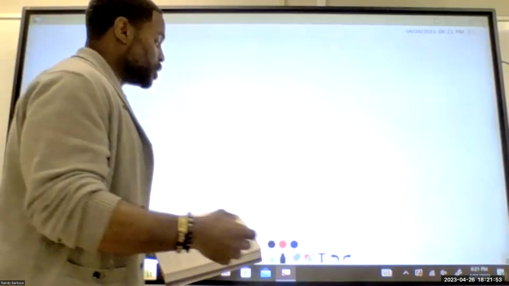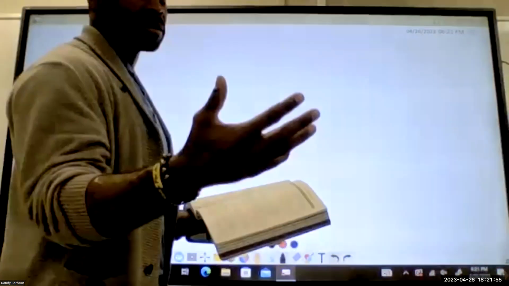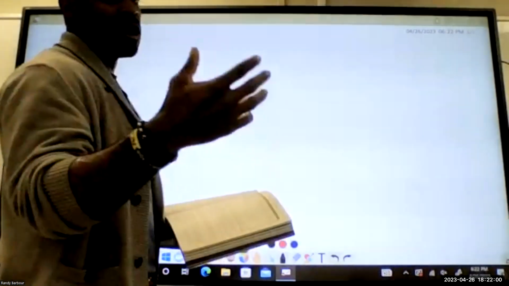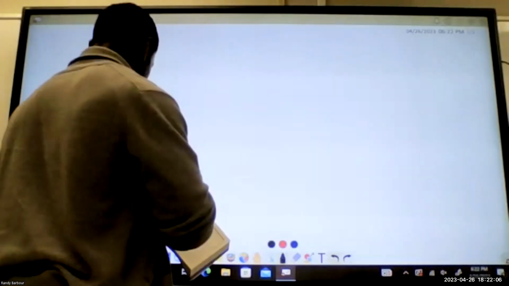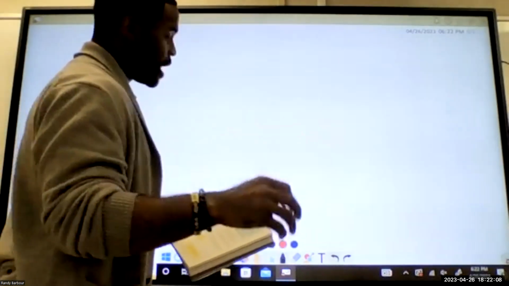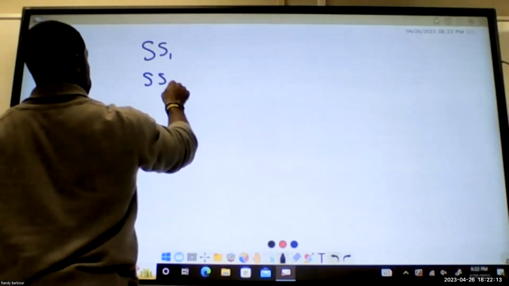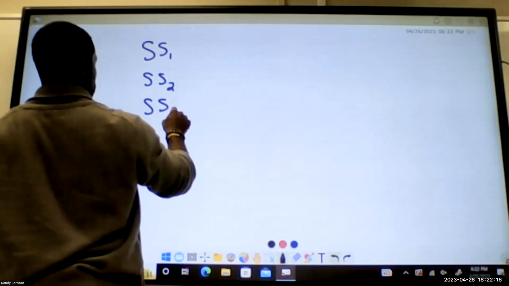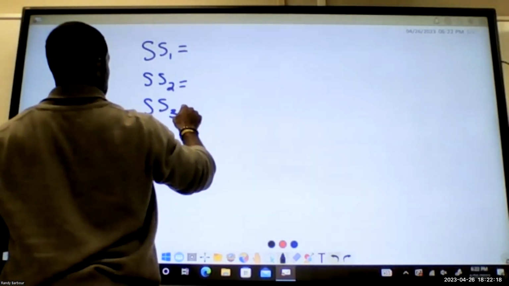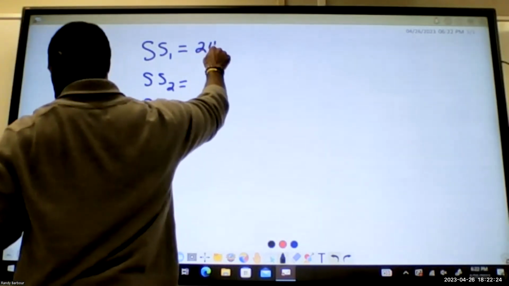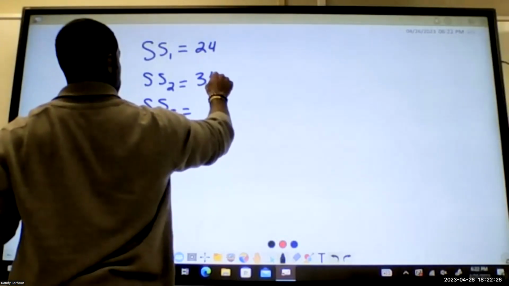Let's move forward. One of the other things that we have to calculate is, we have to break up our sum of squares total into two things: our between group sum of squares and our within group sum of squares. So in order to calculate my within group sum of squares, remember that I had three sum of squares values: SS1, SS2, and SS3. And these three values were 24, 34, and 30.